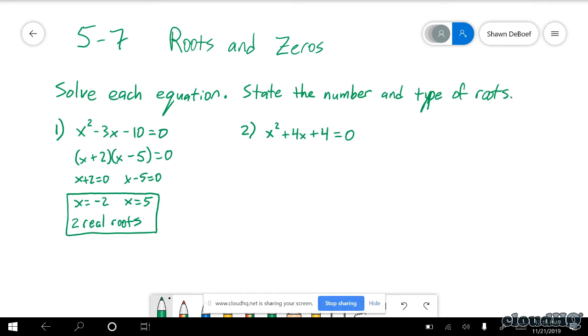But when we factor this, we get the same factor twice. X plus 2 times x plus 2, or x plus 2 squared. So we only have one unique factor. So we know that that unique factor has to equal 0. So we get an answer of -2.